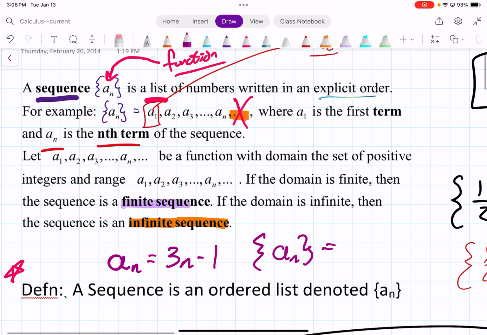We literally substitute in the first value. If I want to know what a sub 1 is, n is 1, and this is why I'm saying think about it like a function. So 3 times 1 minus 1, so 2. What's a sub 2? 5, then 8, and so on. And that now is infinite, okay? Because I'm saying and so on.